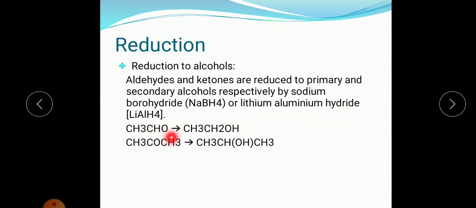When acetaldehyde is treated with lithium aluminium hydride, it will form a primary alcohol with the same number of carbon atoms. And when you take a ketone, that is acetone, and reduce it with lithium aluminium hydride or sodium borohydride, it will form a secondary alcohol. This is the reduction to alcohol.